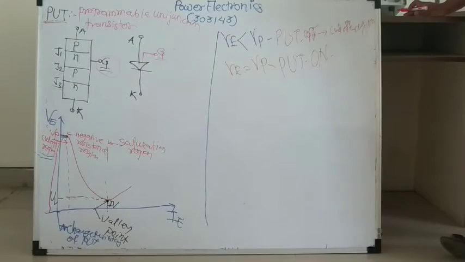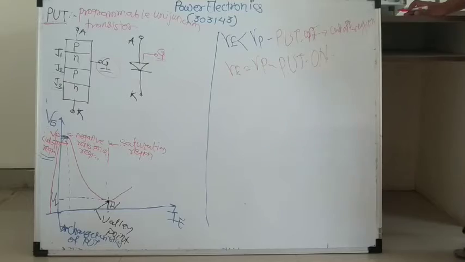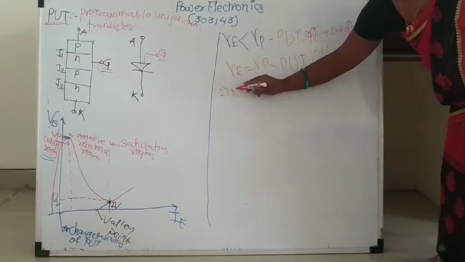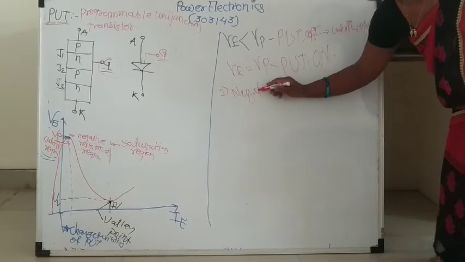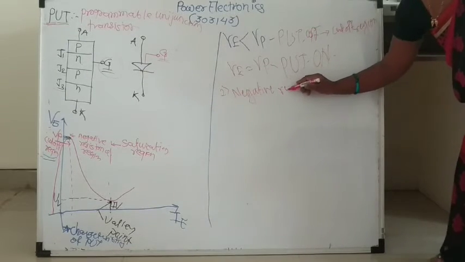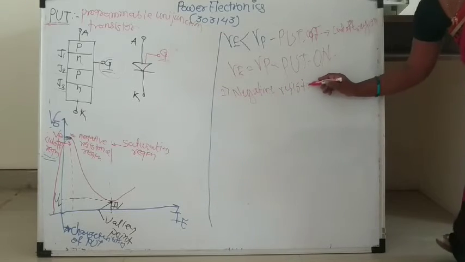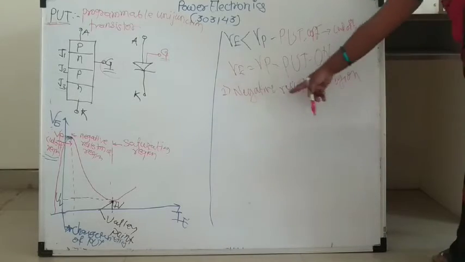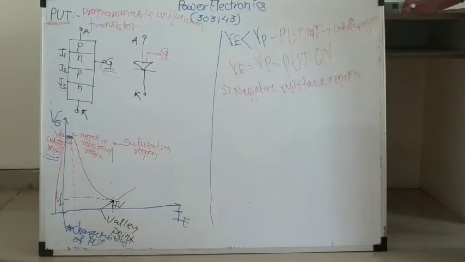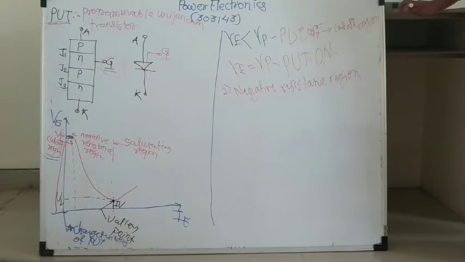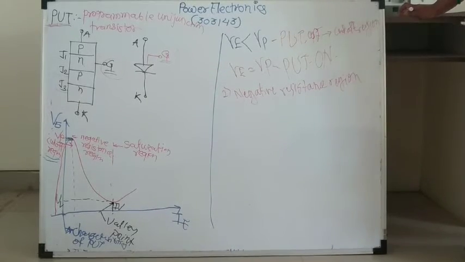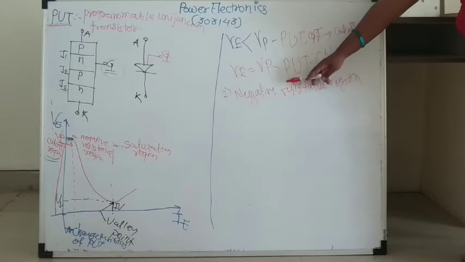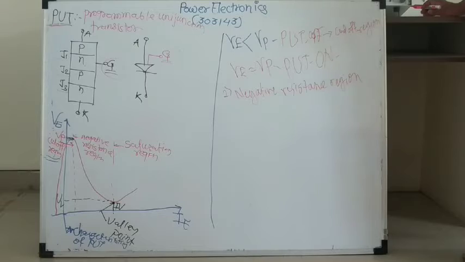This region is called the negative resistance region. When your PUT gets turned on, by increasing your emitter current, the voltage goes on decreasing. This decreasing voltage means your PUT goes into the negative resistance region.